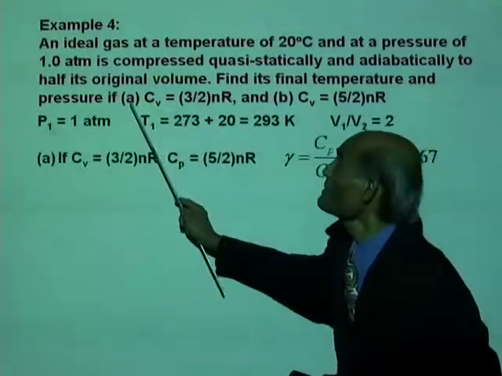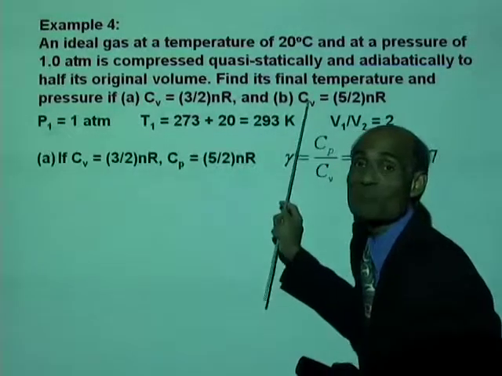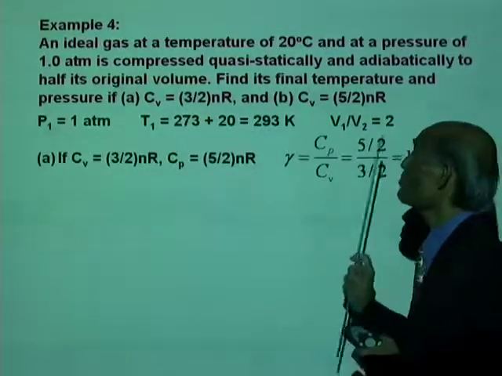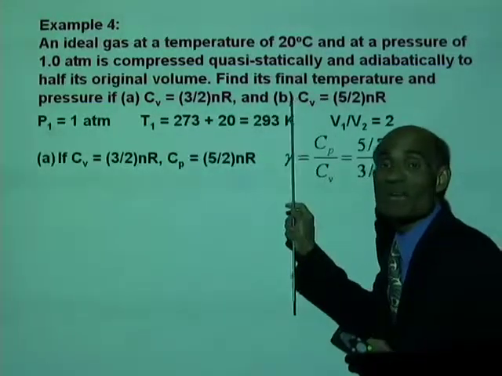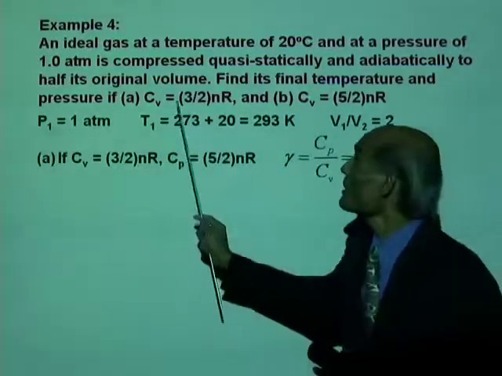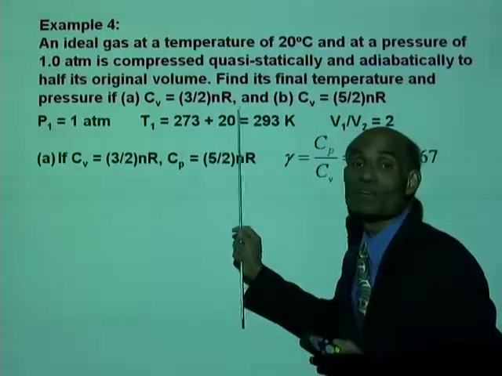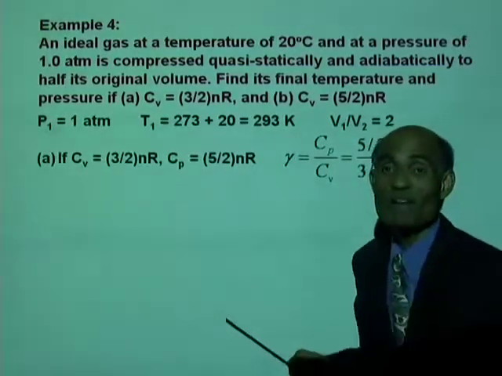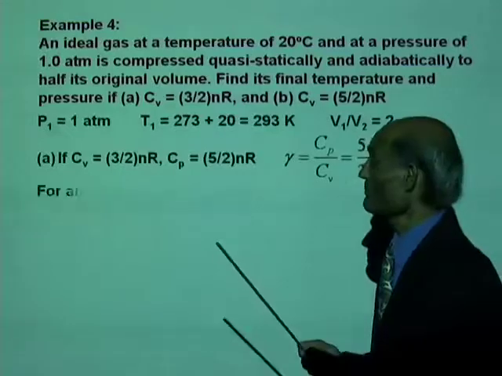So the only difference between A and B is that in A, gamma equal to 1.67, in B, gamma equal to 1.4. So I will only do part A. You must repeat part B using the different value of gamma.